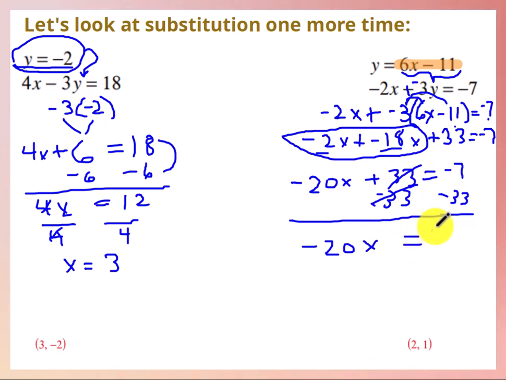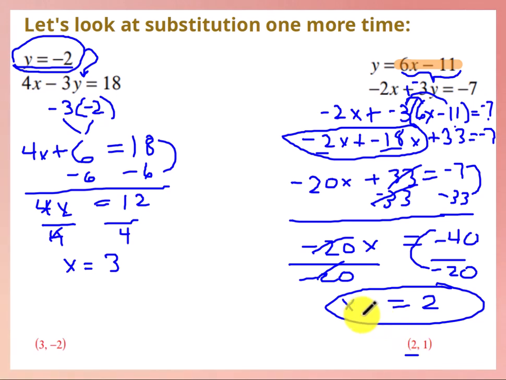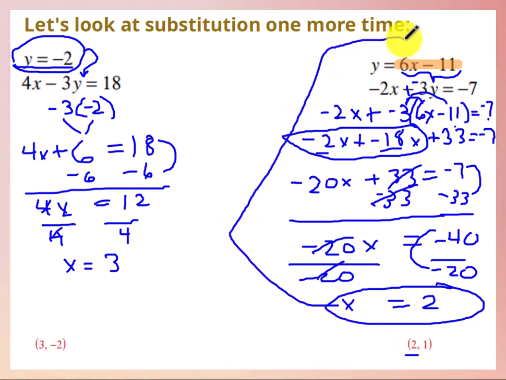Bring down the equal. Negative 7 plus negative 33 is negative 40. One last step, divide by negative 20 on both sides. Negative 20 divided by negative 20 is 1x equal, a negative divided by a negative is a positive, 40 divided by 20 is 2. So x is equal to 2. Plug x back into either equation, put it here. 6 times 2 is 12, 12 minus 11 is 1, so y is equal to 1.